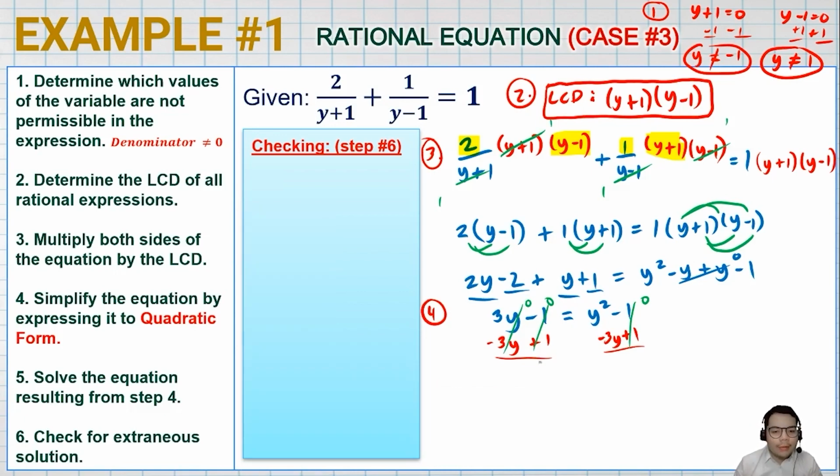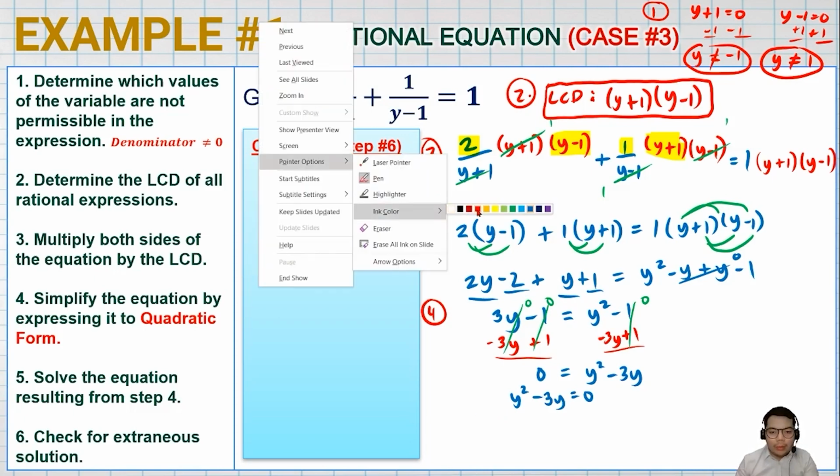So, we will be having 0 is equal to y squared minus 3y. And since we'll be having reflexive property of equality, pwede natin itong i-rewrite as y squared minus 3y is equal to 0. So, pwede yan. Lipat natin siya doon para mas mukha siyang quadratic equation. And from that, we can just do step number 5.